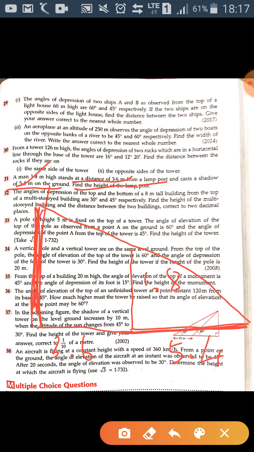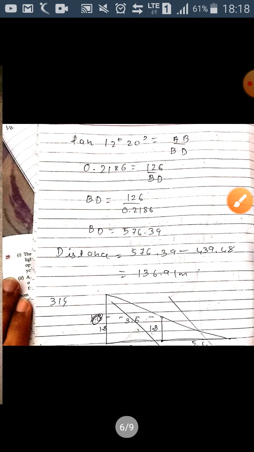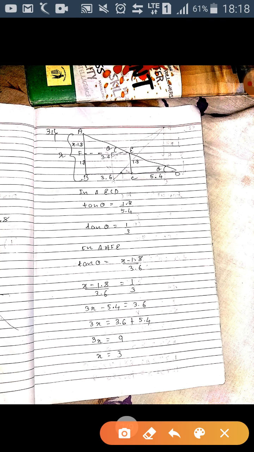So let's see. This is the sum. This is the lamppost, this is the man 1.8 meter high, he is standing at a distance of 3.6 meter and his shadow is 5.4 meter long.